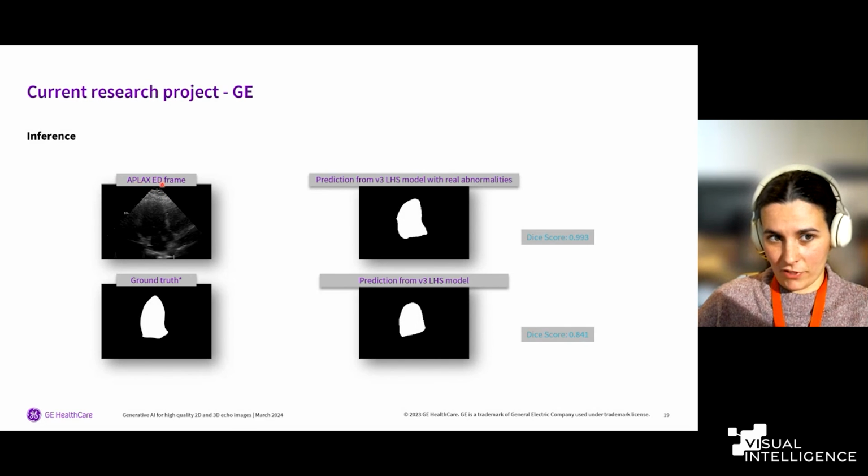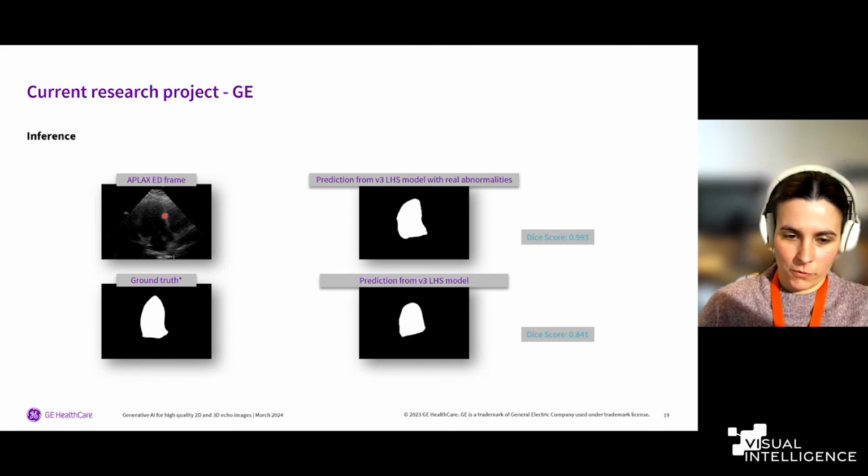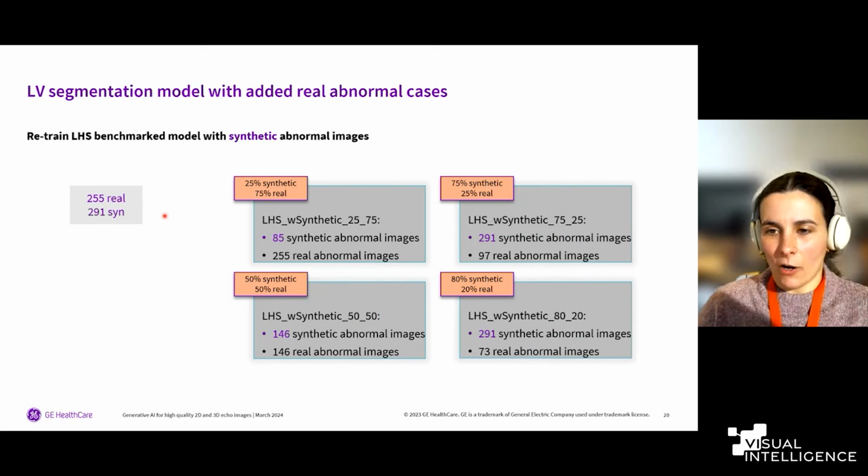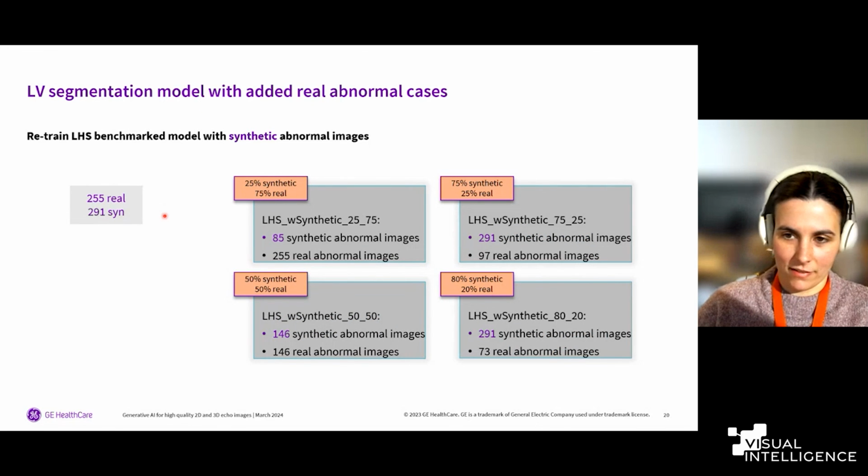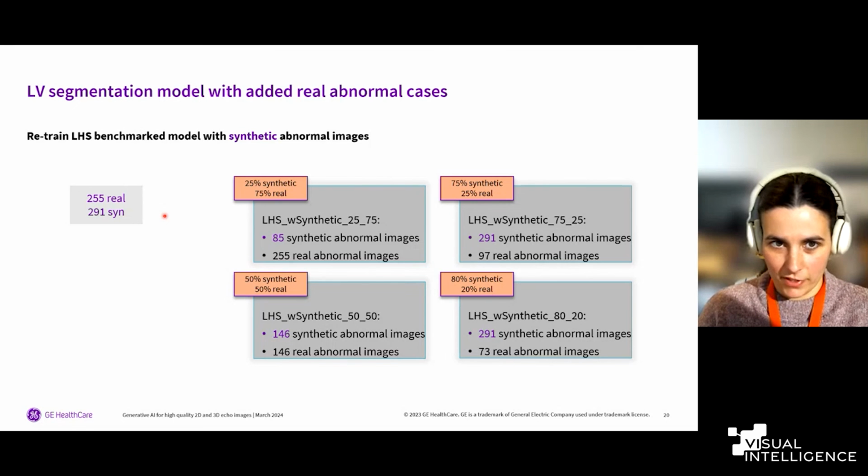Here you have a different view and a different time instant where the ventricle is different. At this stage, for example, the ventricle is larger than at ES. And you see that just adding real pathological images improves the segmentation model. From now on, we will add synthetic data to it and see how much further the DICE score can be improved.